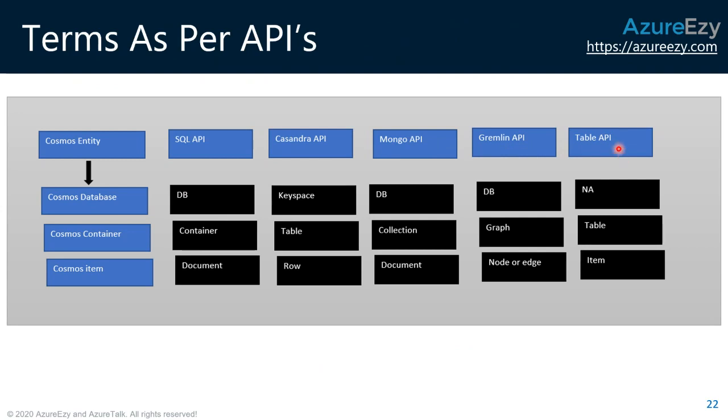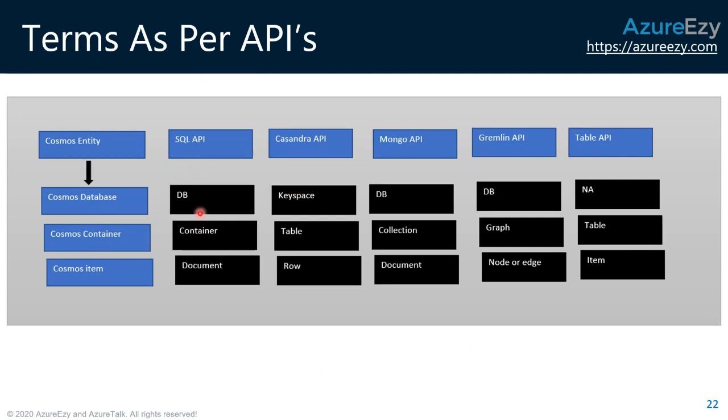Whatever API you choose at the time of creation of your Cosmos account, these things would have a different name. If you're choosing the default one, SQL API, we call it database, no change. But in Cassandra, we call it keyspace. In Mongo and Gremlin, we call it database again.